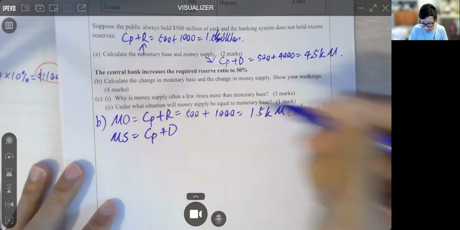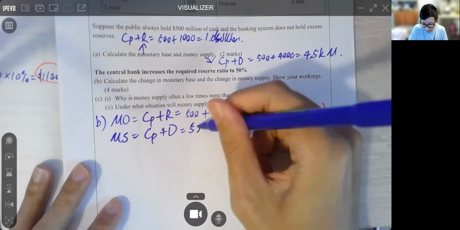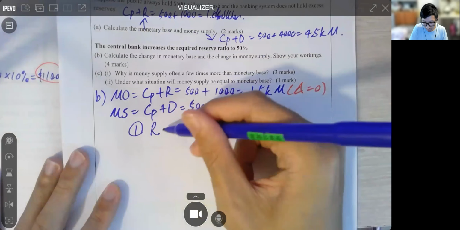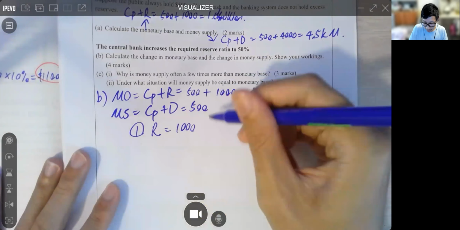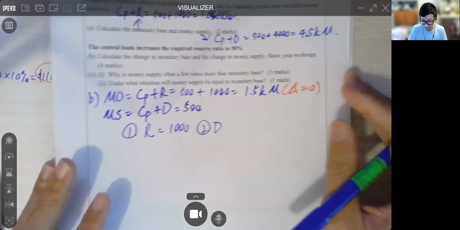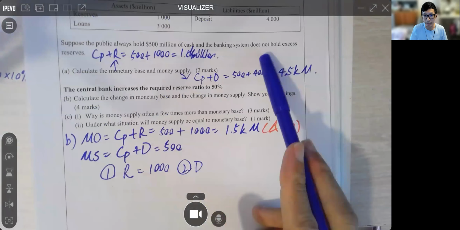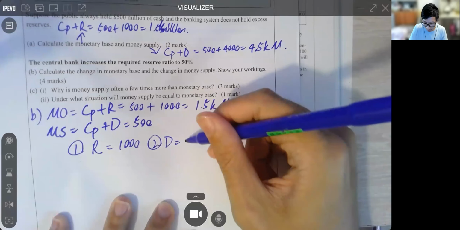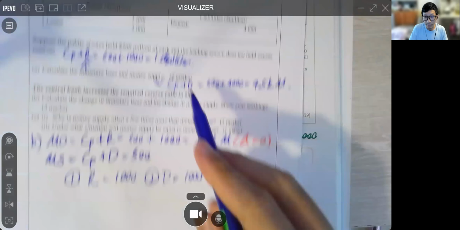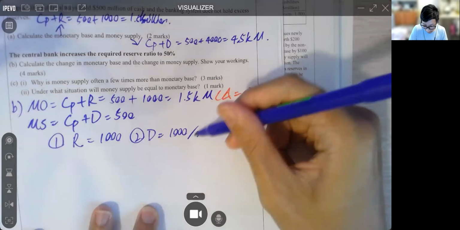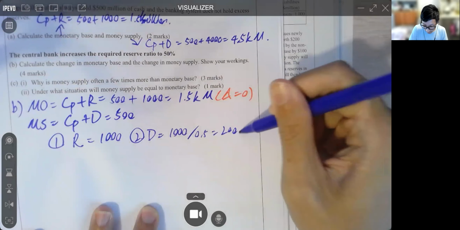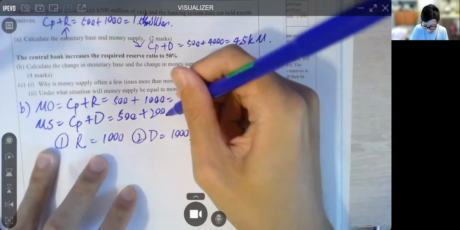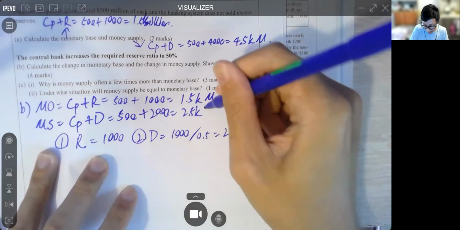Okay, next. Money supply will be CP plus D. We know CP is 500. What about deposit? Again, follow our steps, right? We have reserve as 1,000. Then deposit. Since banks do not hold any excess reserve, now through the contraction process, it's shrinking now, right? 1,000 divided by 0.5 will be this amount, plus 500 will be 2.5K million.